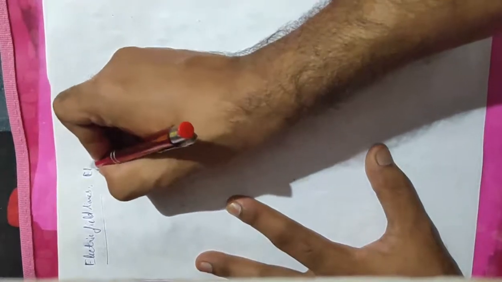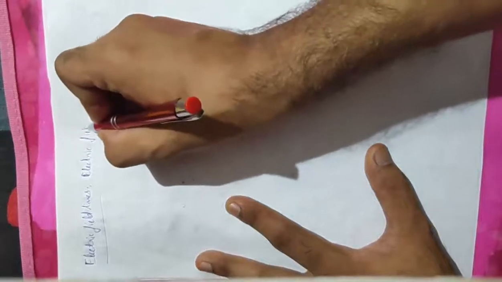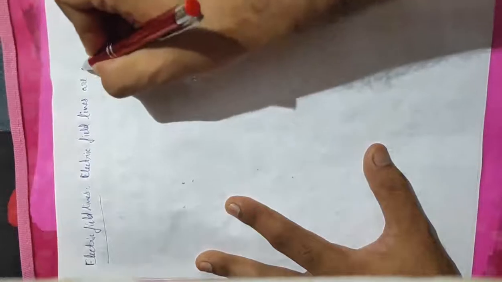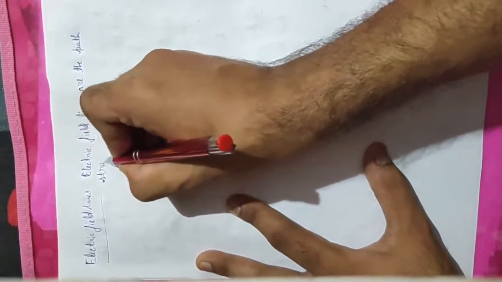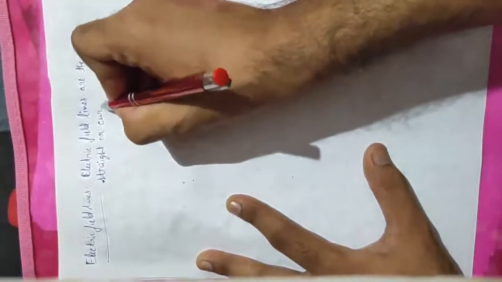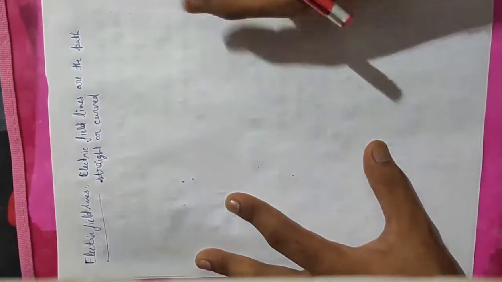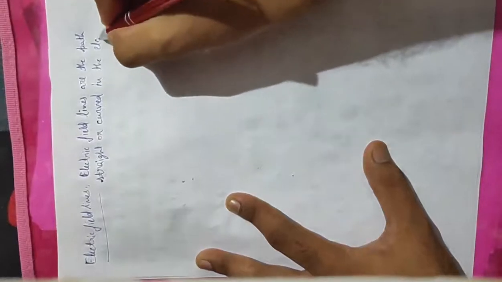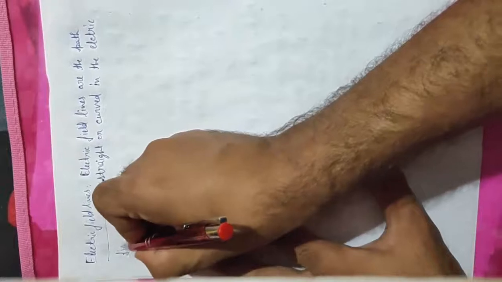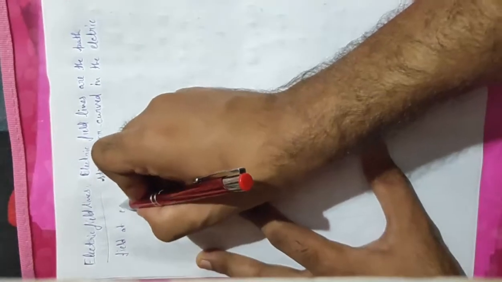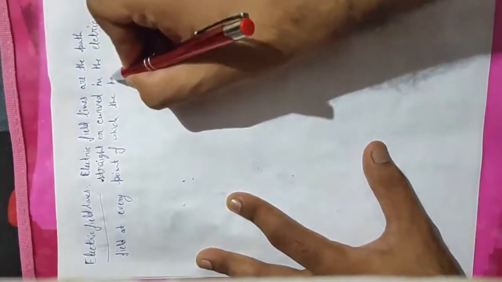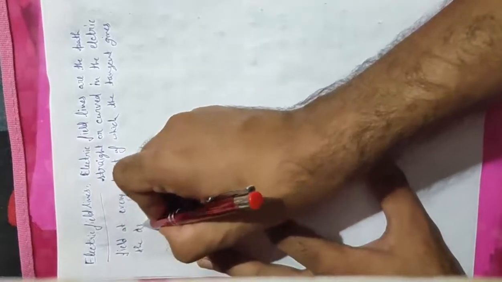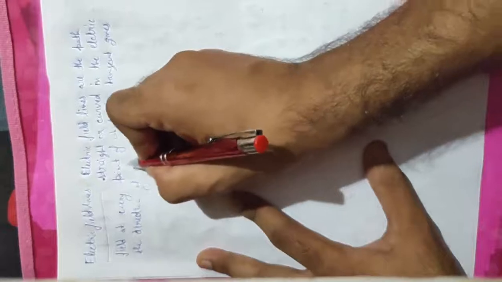Electric field lines are the path, straight or curved, in the electric field, at every point of which the tangent gives the direction of electric field.